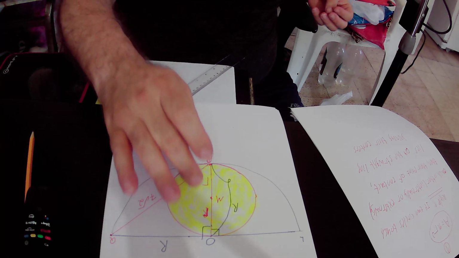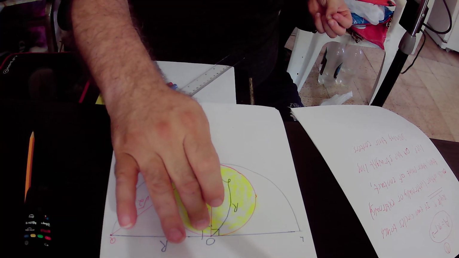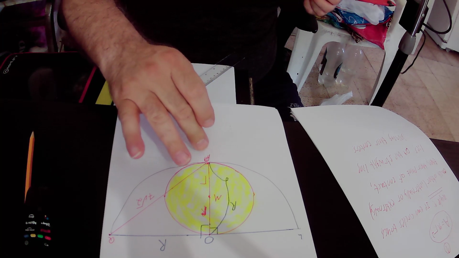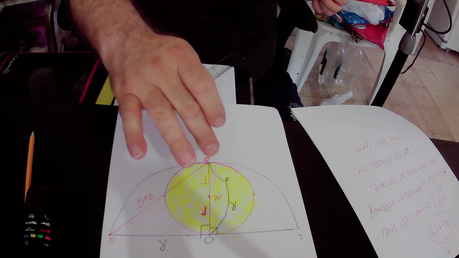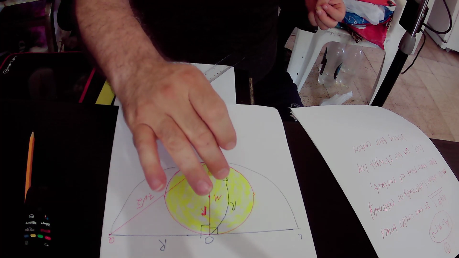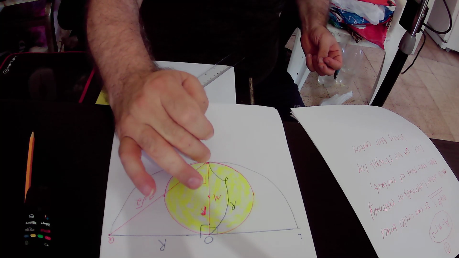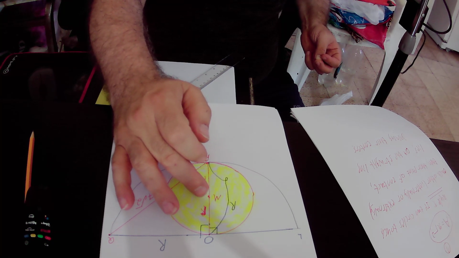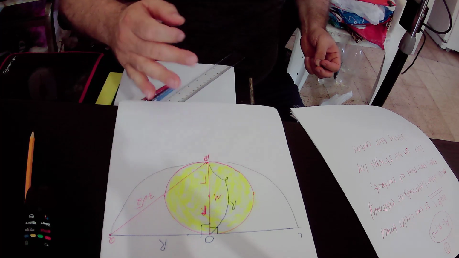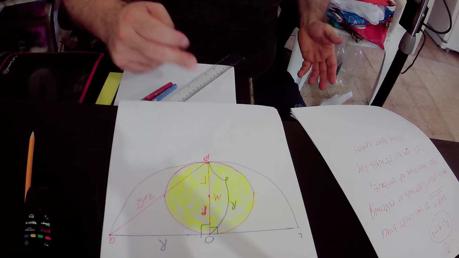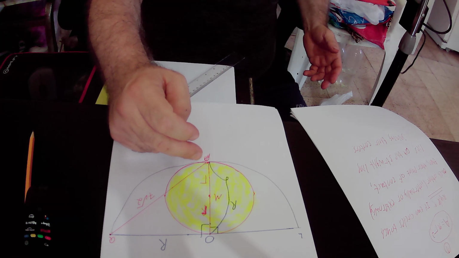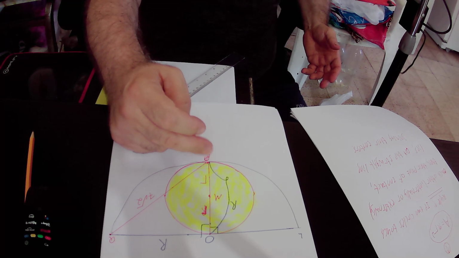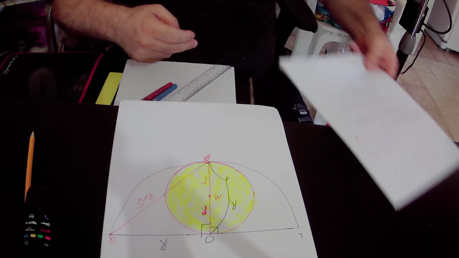Any radius starts from the center of the circle and ends at any point on the circle itself. For that reason, OP is the radius of the semicircle. We defined capital R as the radius of the semicircle, and small r is the radius of the yellow circle. But we know that OP equals 2 times small r, and also OP equals capital R. Okay?